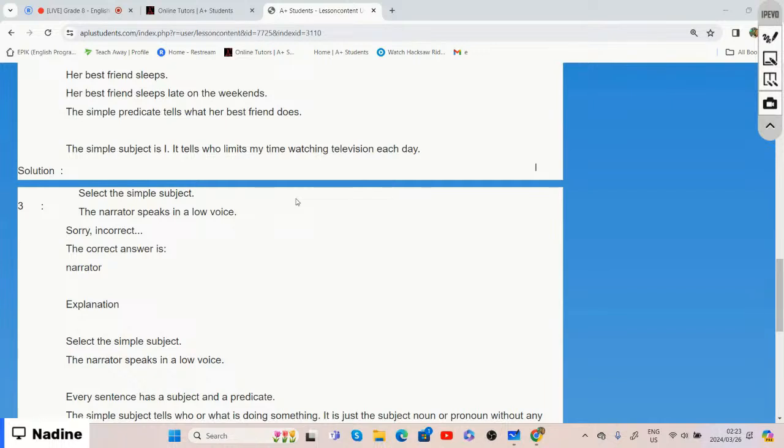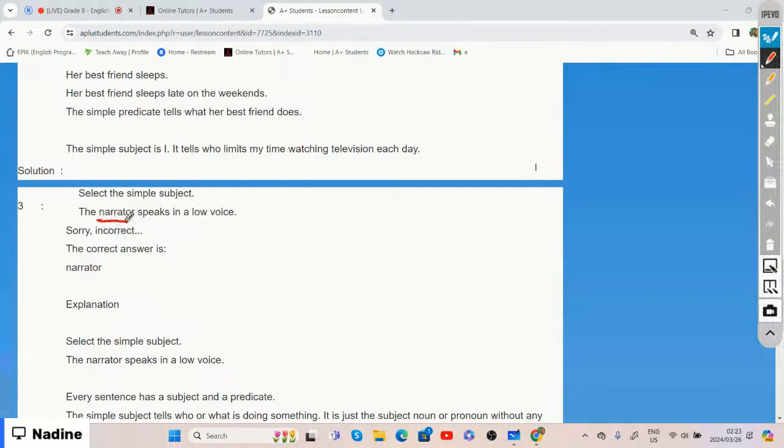So we will select our simple subject as narrator, not the narrator, just narrator, because it is just the noun, without any other words that describe or modify the noun.